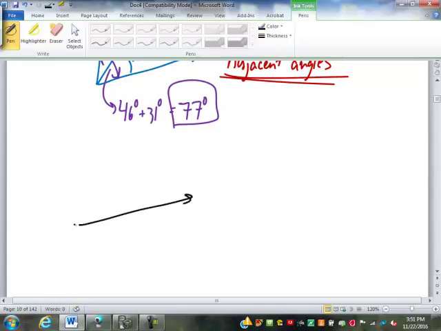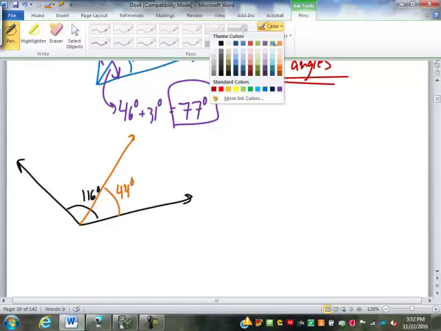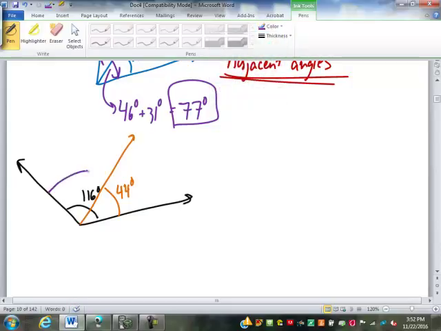Likewise, say I have an angle that I know is 116 degrees. I put an angle in here that is 44 degrees. How do I find this angle up here? Well, if I call that angle x, I know those two angles, x and 44, are adjacent.